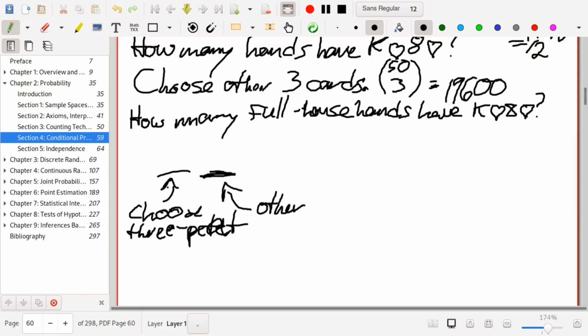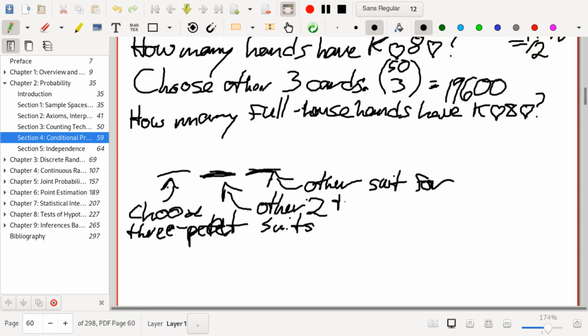So we need to pick the other 2 suits. And then after we pick the other 2 suits for the three-peat card, we know what the two-peat card will be. We know what it will be, so we don't need to pick its face value, but we do need to pick the other suit for the twice repeated card.